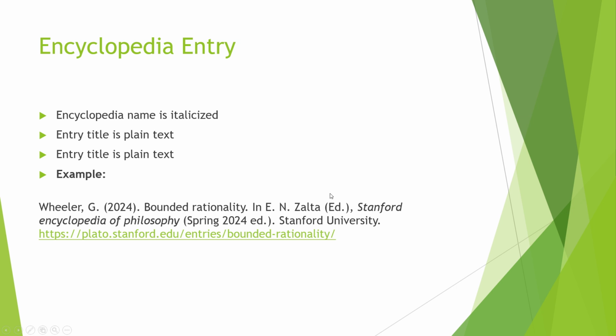The editor was Zalta, so we've put that. Now here's where it's interesting. We do not use sentence case for the encyclopedia itself. So Stanford Encyclopedia of Philosophy. We've got whatever edition it was, and then Stanford, and it was from Plato.